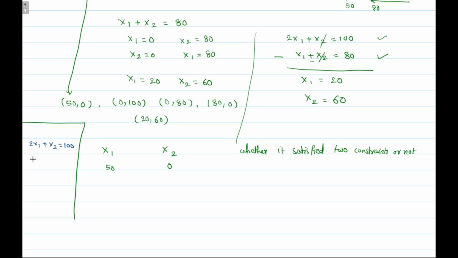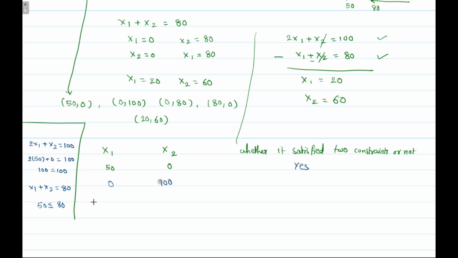If I substitute x1 equal to 50, then 2 into 50 plus x2 equal to 0, so it is 100 equal to 100. So it is satisfying. And the second one is x1 plus x2 less than or equal to 80. If I substitute x1 equal to 50, 50 is always less than or equal to 80, so this is also satisfying. So it is satisfying both conditions. Next one is 0 comma 100.